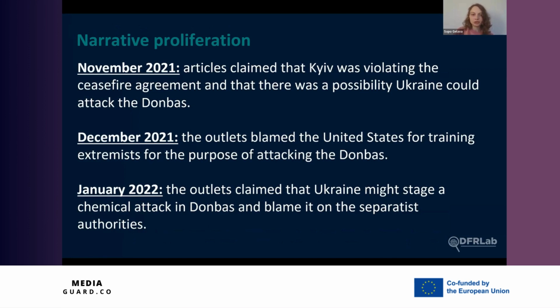In November 2021, the narrative was that Ukraine was violating the ceasefire agreement and could attack Donbas. In December 2021, the narrative was that the United States trained extremists for the purposes of attacking the Donbas. And then in January 2022, again a month before the Russian intervention, the outlets claimed that Ukraine might stage a chemical attack in Donbas and blame it on the separatist authorities.